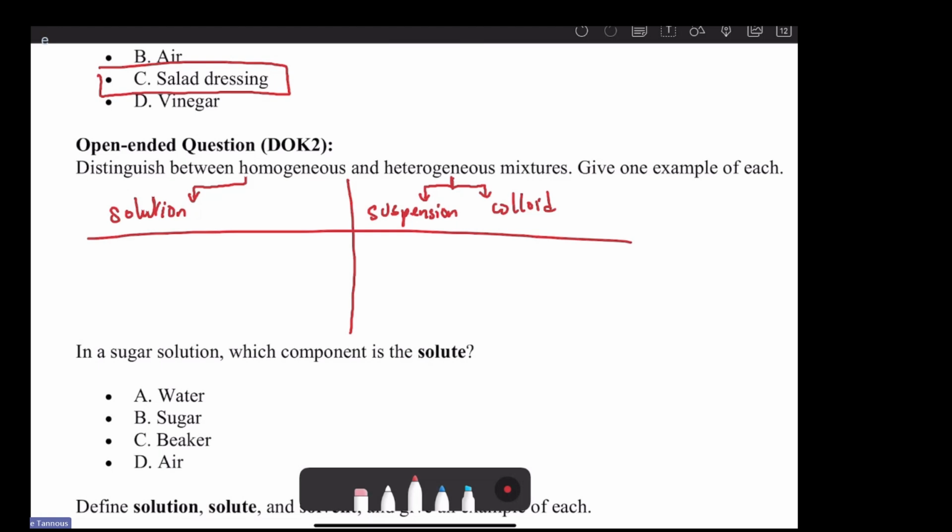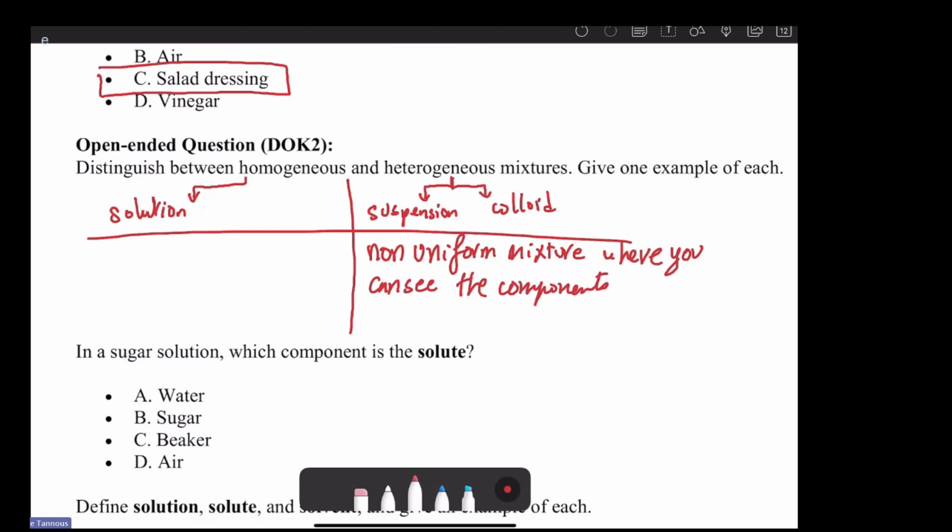The heterogeneous mixture, as a definition, is a non-uniform mixture where you can see clearly the components. So they're large enough to be seen, like sand in water.